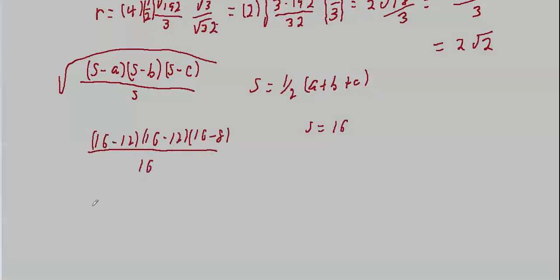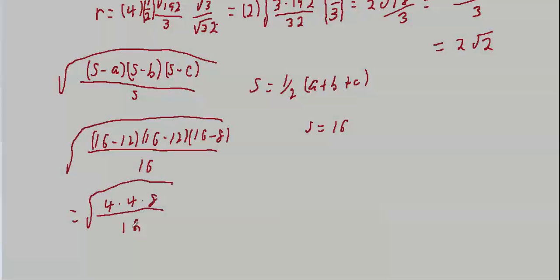And what's all that? Well, that's the same as 4 times 4 times 8 divided by 16. Oops, I was supposed to take the square root of that, wasn't I? There we go. And that's the square root of all that stuff. There's 16 down here. Well, 4 times 4 is 16, so we're left with the square root of 8, which is the square root of 2 times 4.